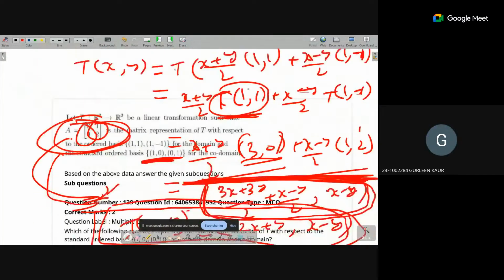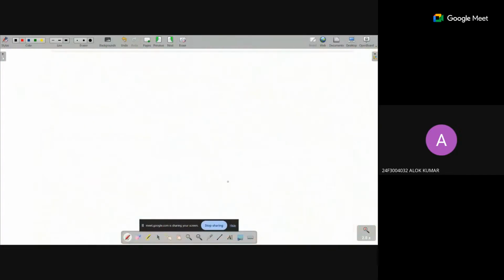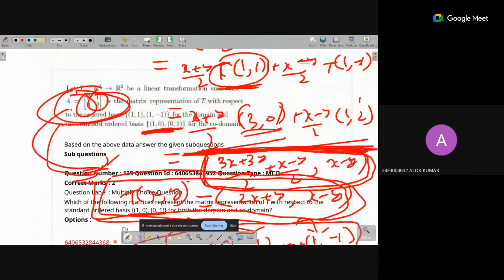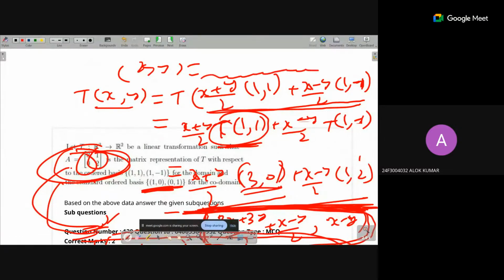Okay. So basically, we know that x comma y can be written as this. Any vector x comma y of the domain space can be written in this form. Now we have taken this.